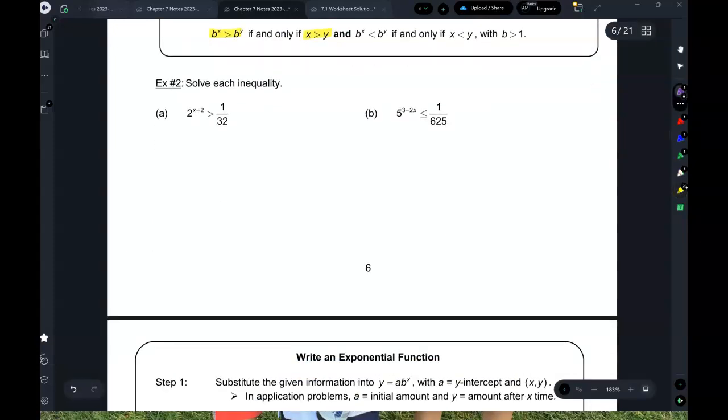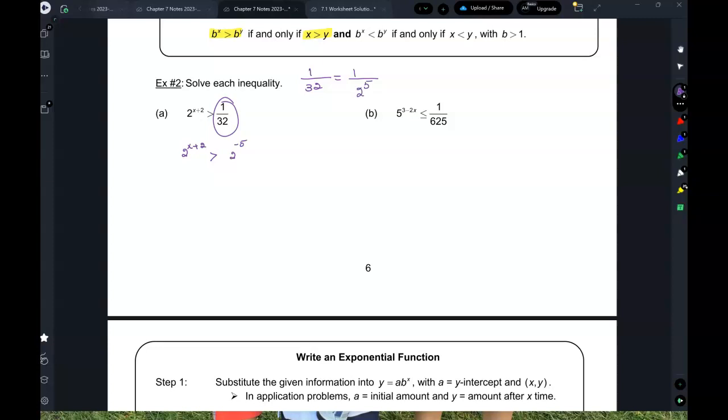Let's go ahead and solve this. So I have 2 to the power of x plus 2 greater than, how am I going to write this, 2 to the negative 5. Everybody okay with that? Wait, how did you get there? Sorry. 1 over 32 is 1 over 2 to the 5.